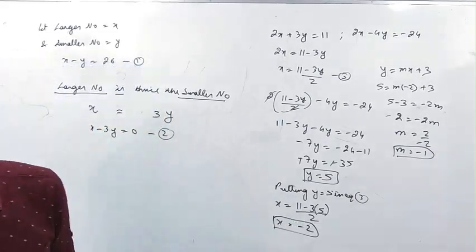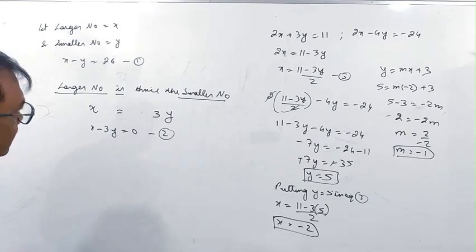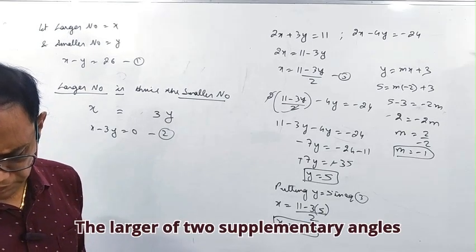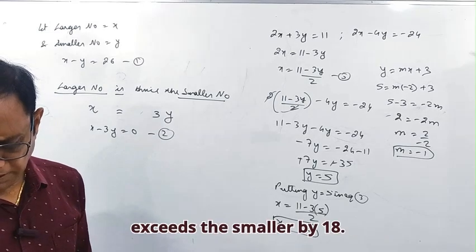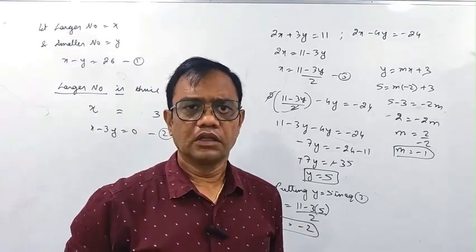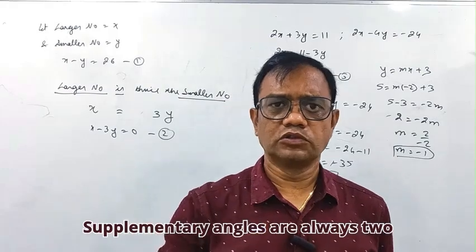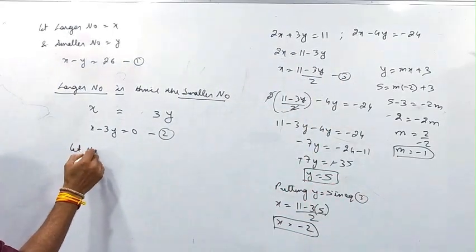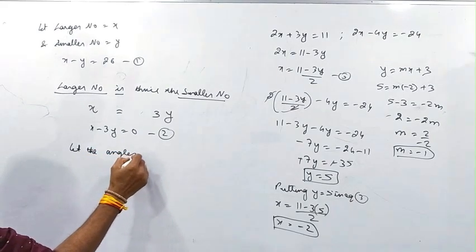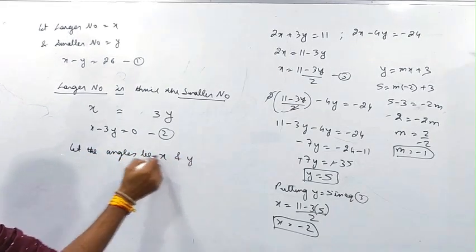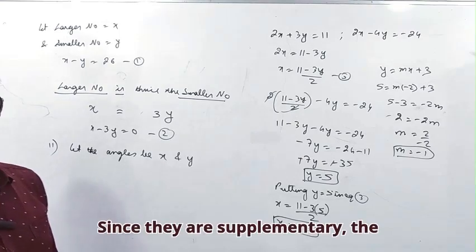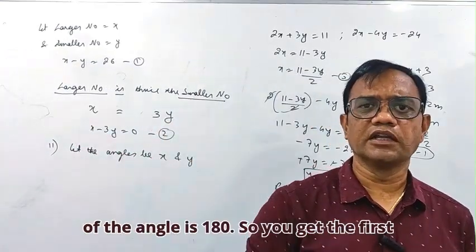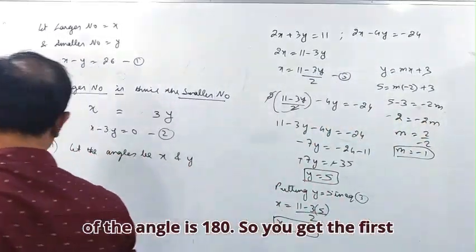Next question. The larger of two supplementary angles exceeds the smaller by 18. Supplementary angles are always two angles. So let the angles be x and y. Since they are supplementary, by the definition of supplementary angles, the sum of the angles is 180. So we get the first equation.